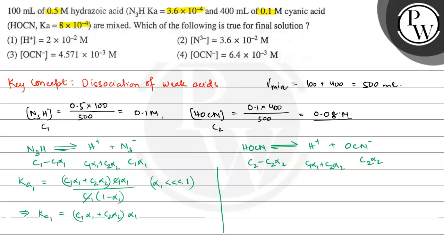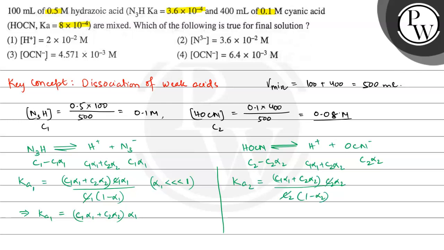Similarly, अगर हम HOCN के equilibrium constant की बात करें, then let this be Ka2, and this is equal to concentration of H plus, C1 alpha 1 plus C2 alpha 2, multiplied by OCN minus concentration C2 alpha 2, divided by C2 into 1 minus alpha 2.